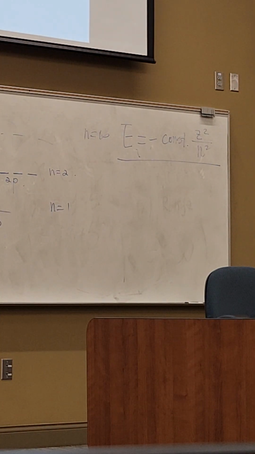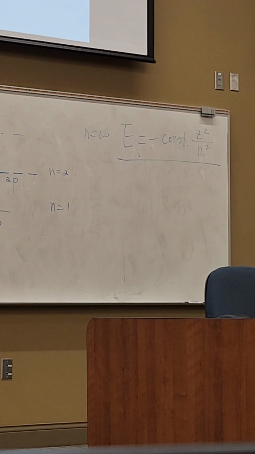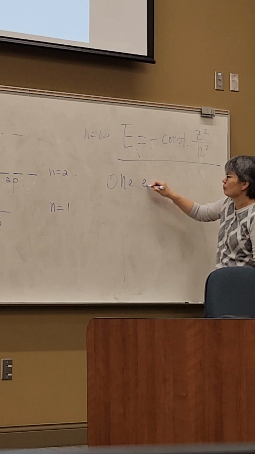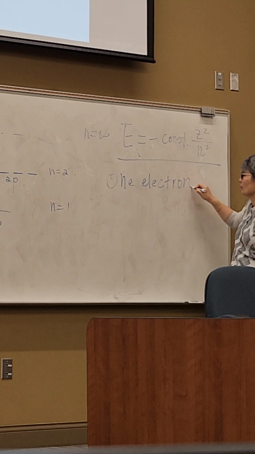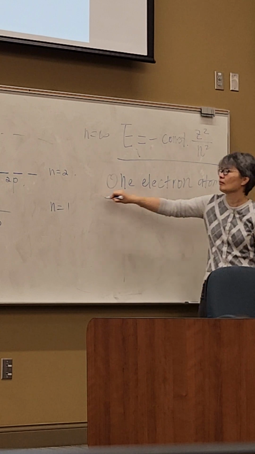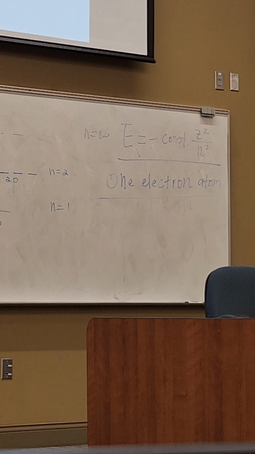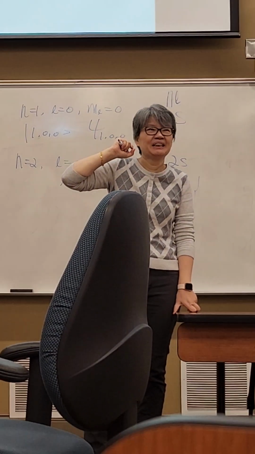But I know why some of you are shaking your heads. Because what is the model for this? What is our model? It is only one electron. How many times do we come across a system with only 1 electron? Look at carbon. How many electrons do we have? 6.